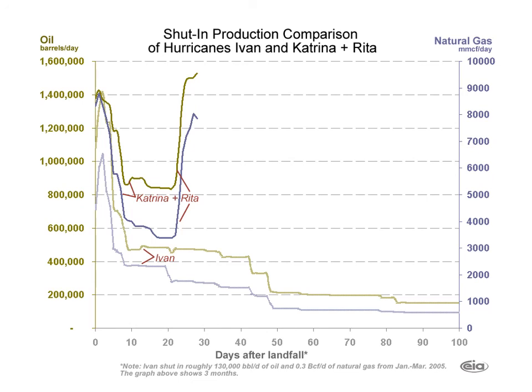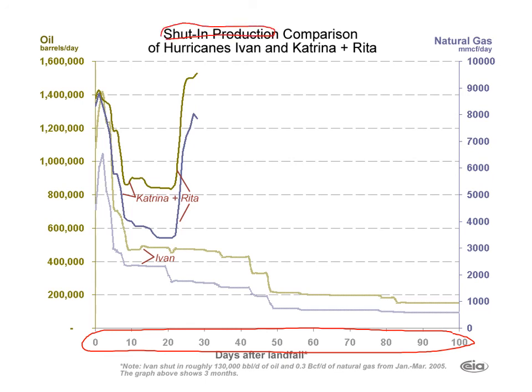And so this shows a similar figure. This is days after landfall here on the x-axis, and then the amount of shut-in production, so capacity that they cannot realize following Hurricanes Ivan, Katrina, and Rita. You can see Katrina and Rita are sort of grouped together here, and green is oil and blue is natural gas.